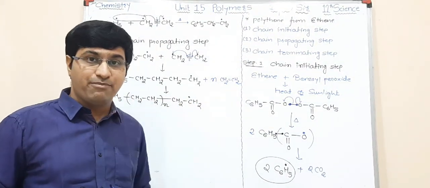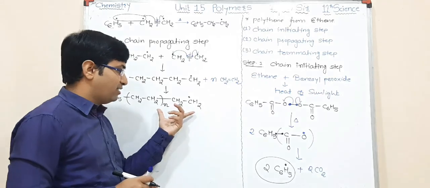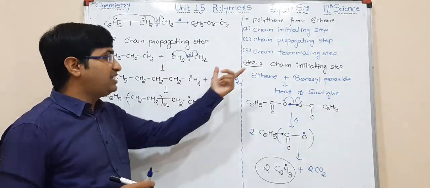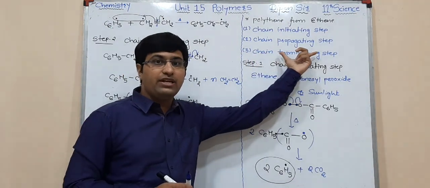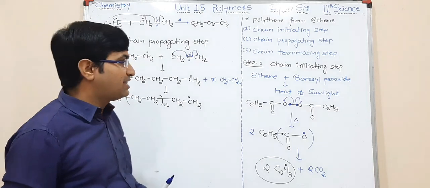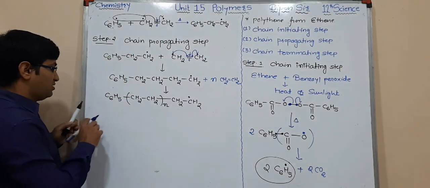By reacting them together, we are going to conclude our third step. That means the third step is the chain terminating step. So let's move on to the third step, the chain terminating step.